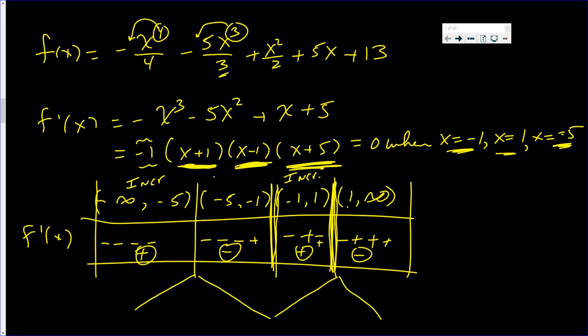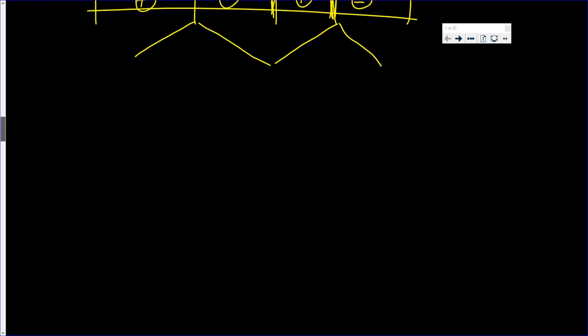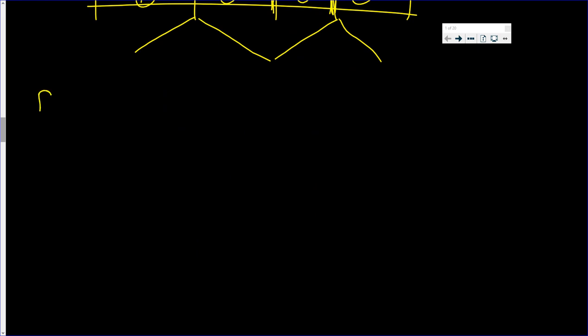It's decreasing on negative 5 to negative 1, as well as from 1 to infinity. This table tells you everything. It really does.